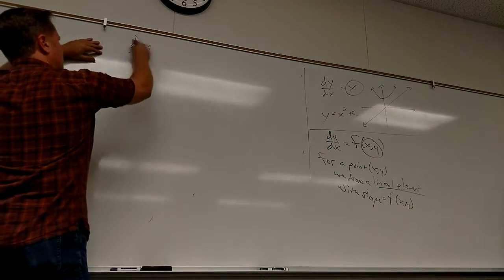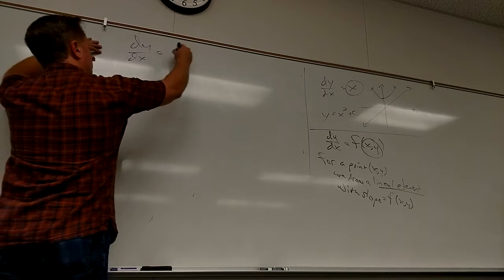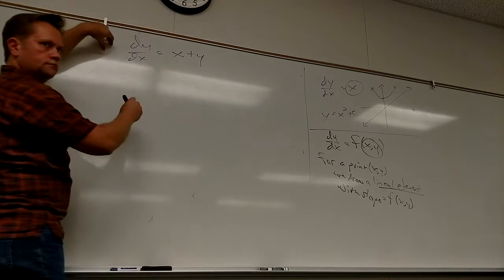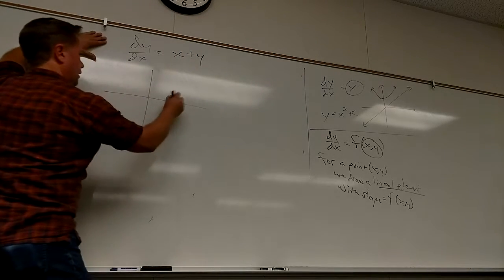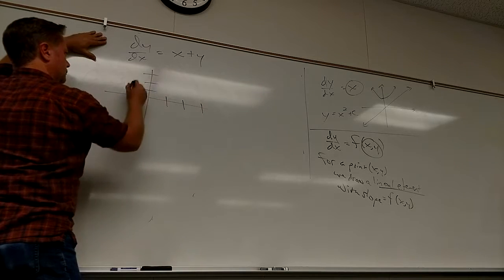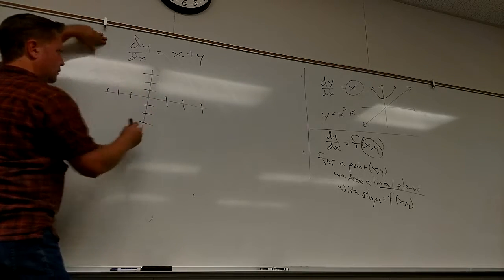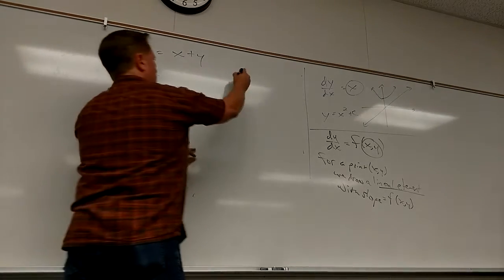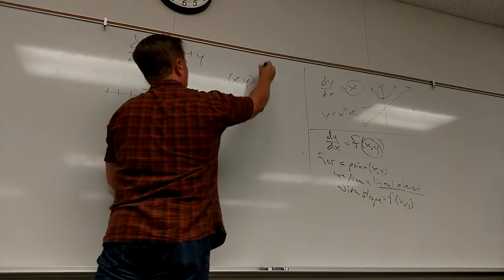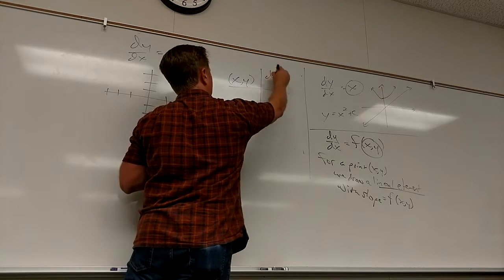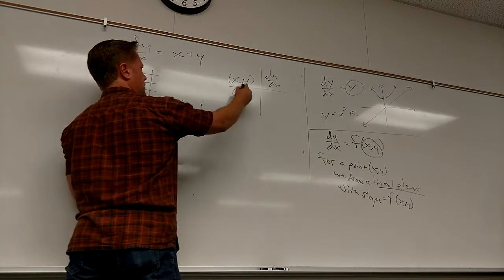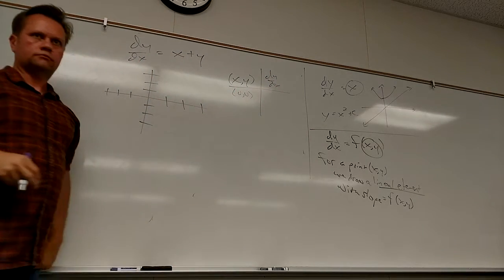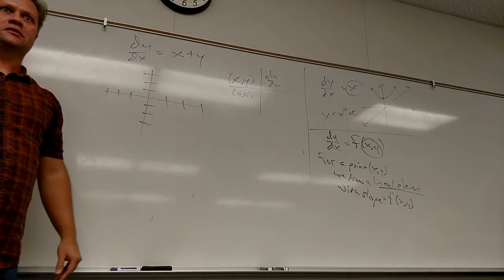If I had this, I just want to get you the idea. I'm not going to do enough to really fully get this down. Your inputs are going to be x, y now, and your outputs are going to be slopes. So for the point 0, 0, the slope is 0.